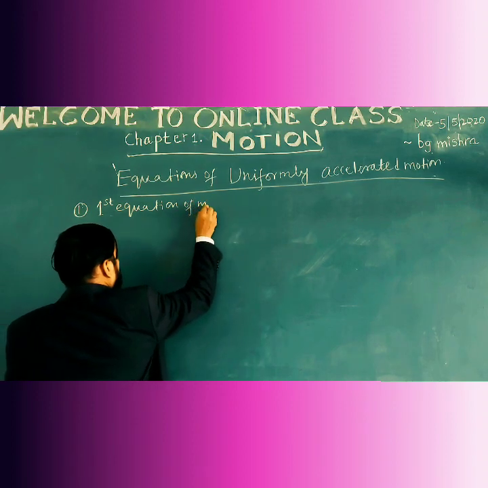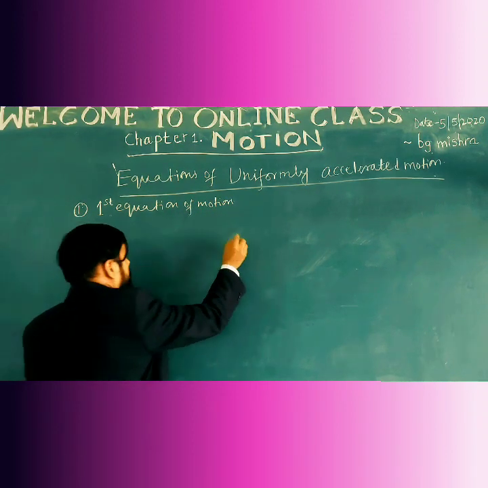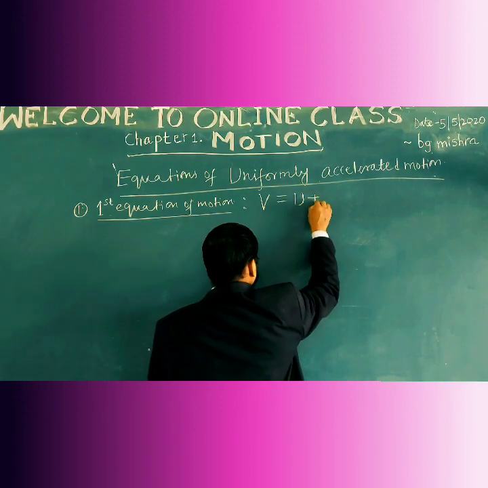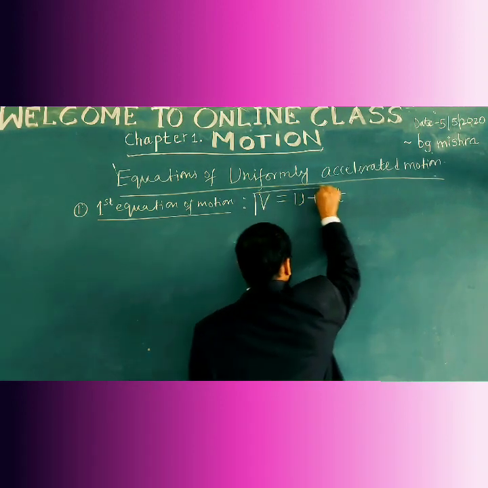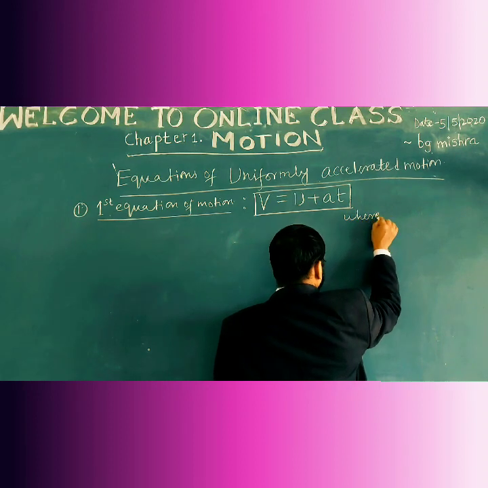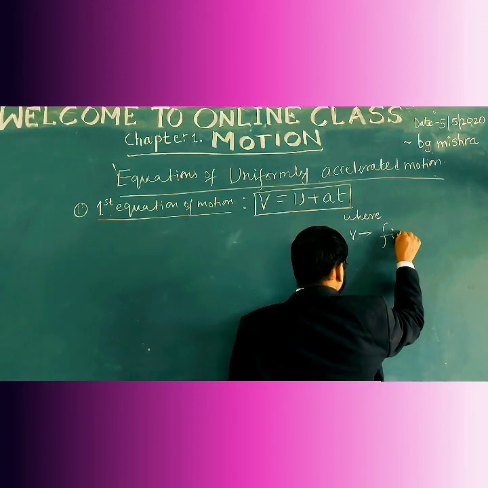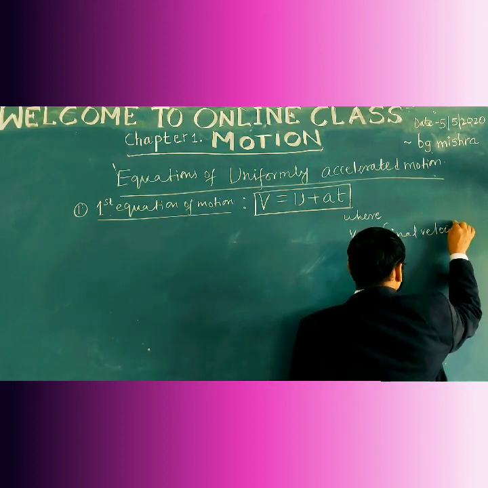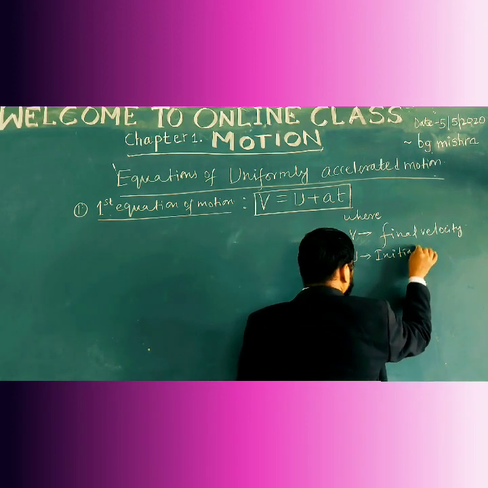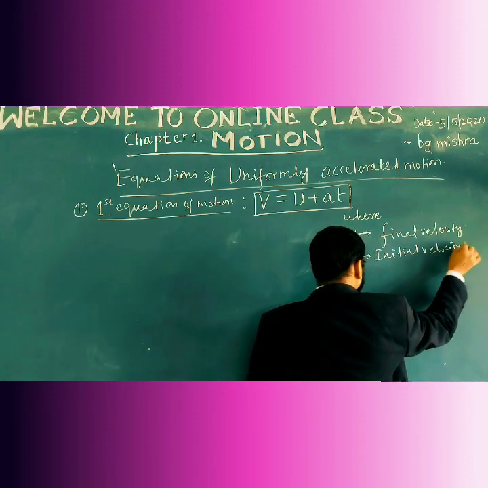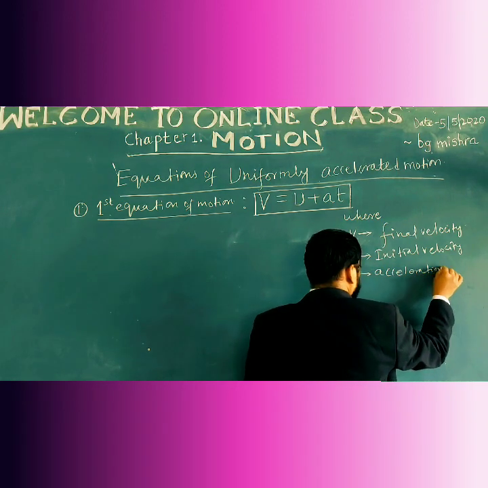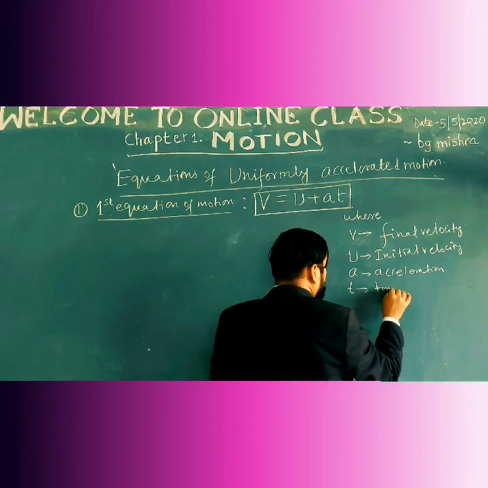So, the first equation of motion. The first equation of motion is v equals to u plus at, where v is the final velocity, u is the initial velocity, a is the acceleration of a body, and t is time.